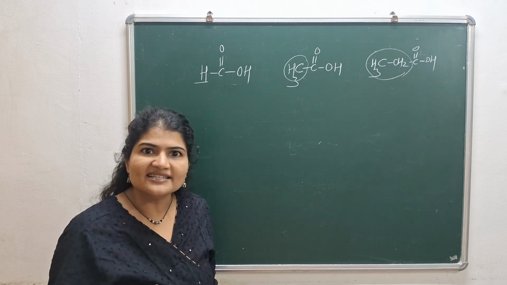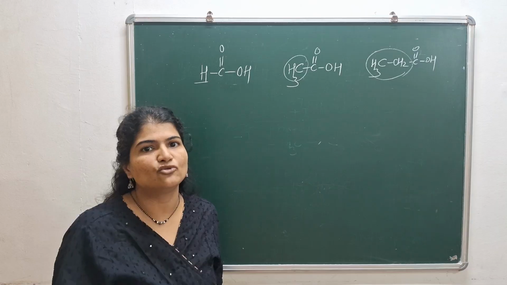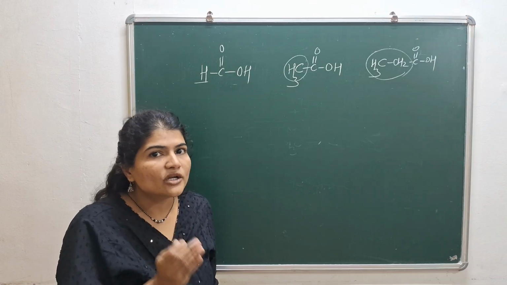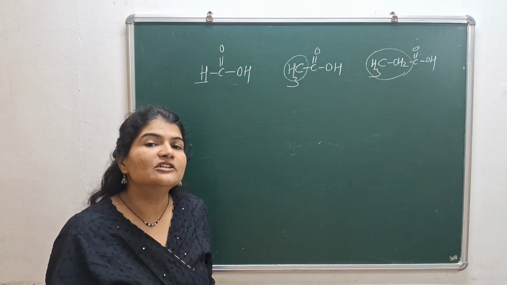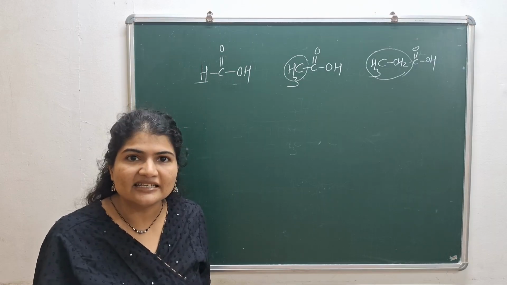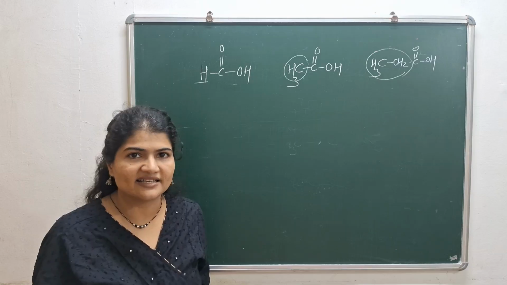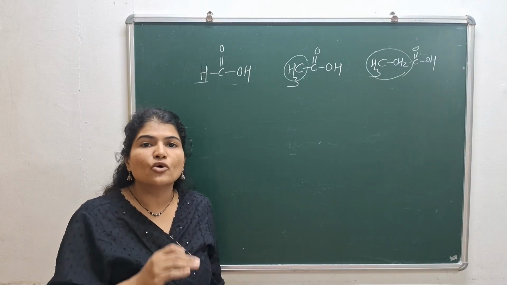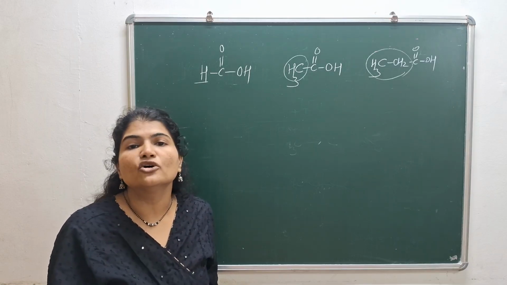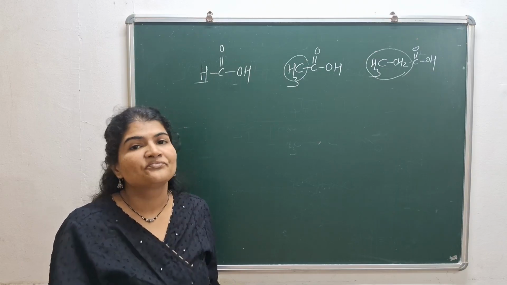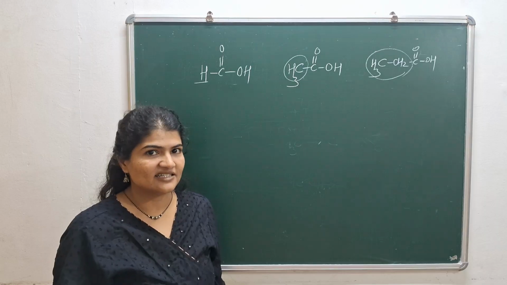So while deciding strength, we always have to consider this criterion. Whatever helps the acid lose its proton easily is going to increase the acidity, and whatever makes it difficult for the acid to lose the proton is going to decrease the acidity.